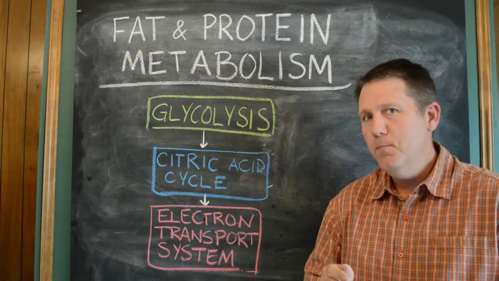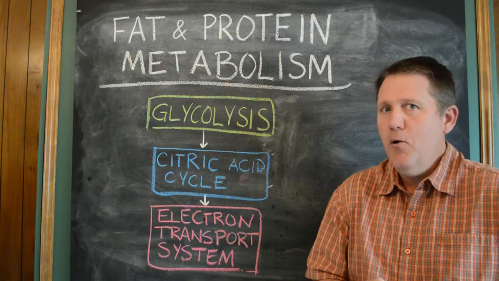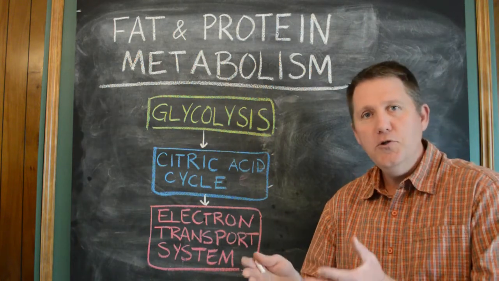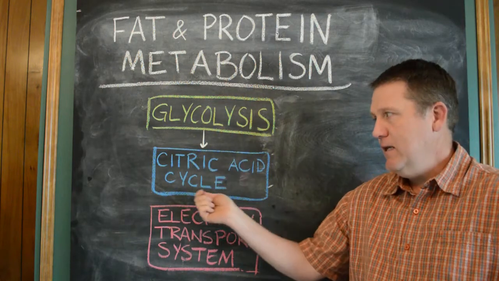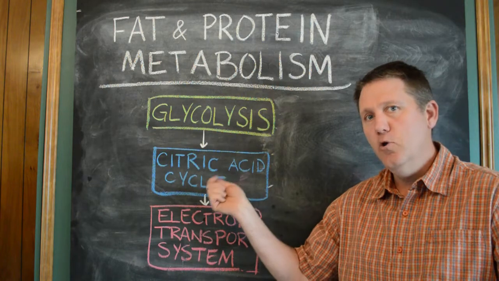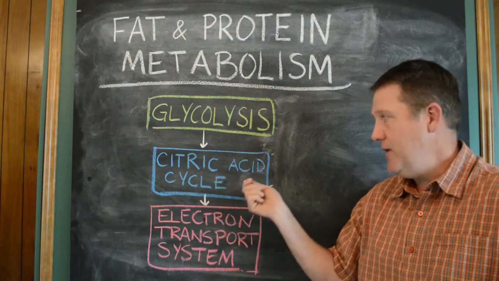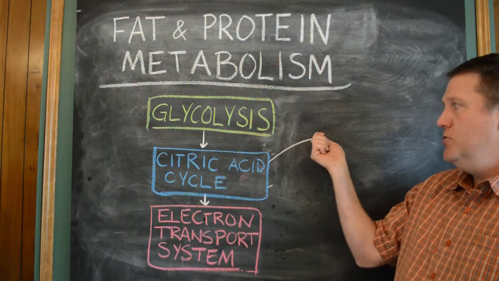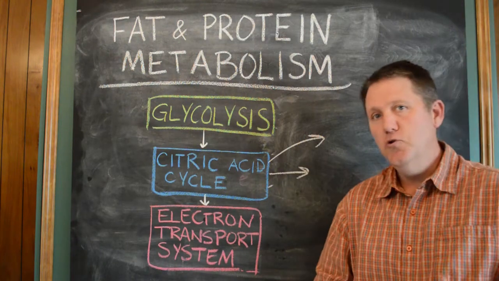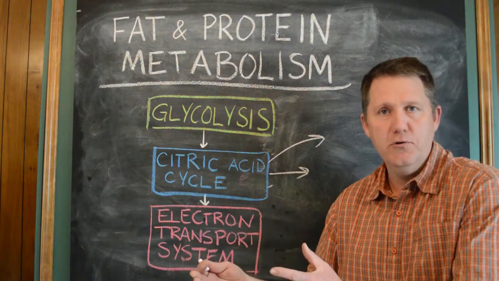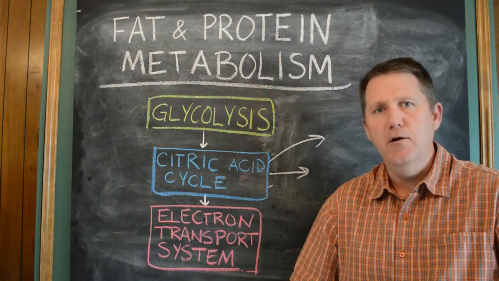And so while the mitochondria are the powerhouse of the cell, they're also a chemical factory of the cell as well, because each of the intermediate molecules along the way here in the citric acid cycle can also be spit out and used to make other molecules. Let's take a brief look at that here.